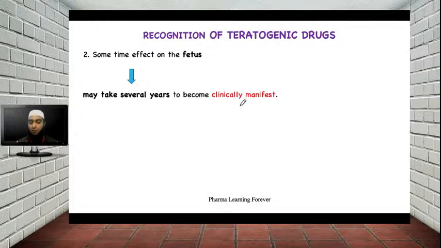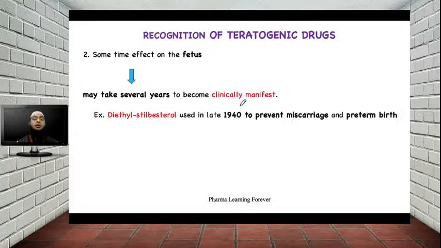Just look at this case study, where diethylstilbestrol was used in the late 1940s to prevent miscarriage and preterm birth. During that period, it was thought that diethylstilbestrol was a very safe drug, and due to that reason it was given to pregnant women.